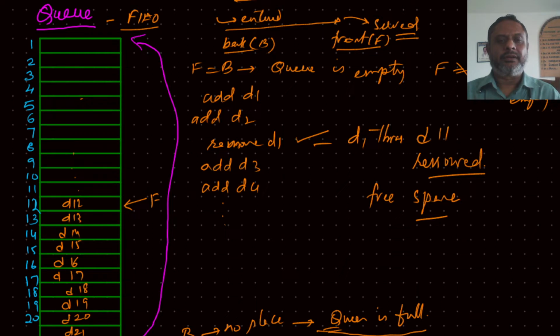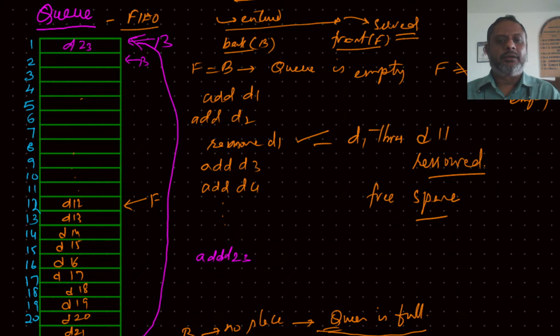And then after the 22nd data, the back will be pointing to location number 1. And when you want to add the 23rd data, it gets into location 1, and then back gets to the next location, that is 2. And this way it keeps on doing.